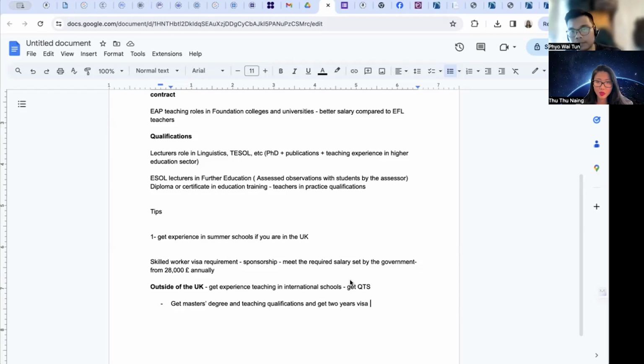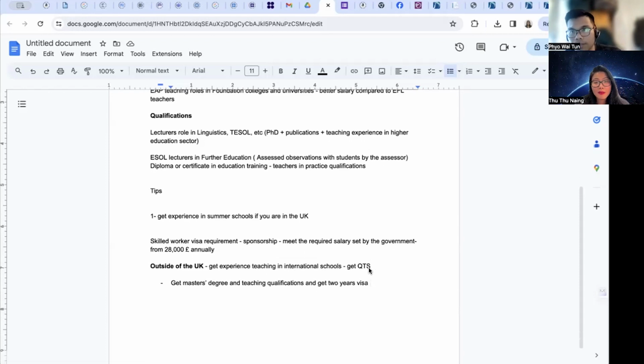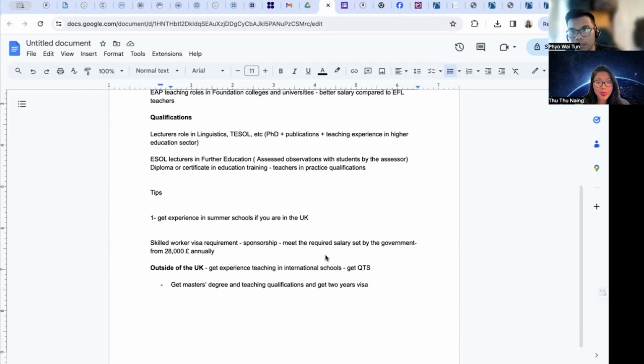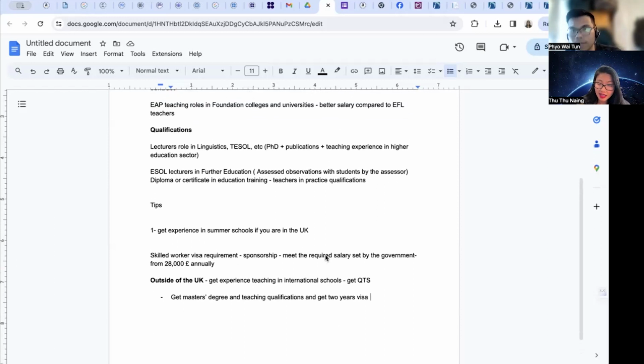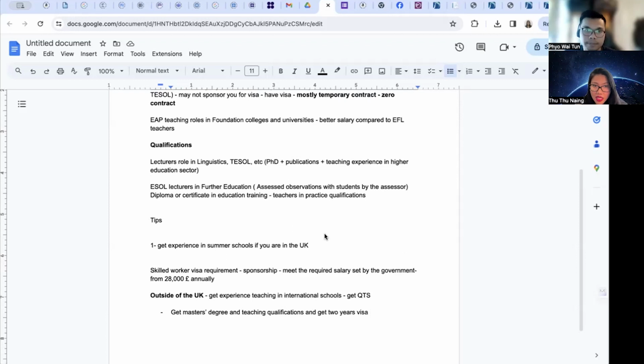So that's one option. Another one is doing the PGCE, like you said, because that would be a better option to get a visa and the job. So do PGCE, PGCSE, get the visa and work in the UK. Right now I can see two main options there, as you said.